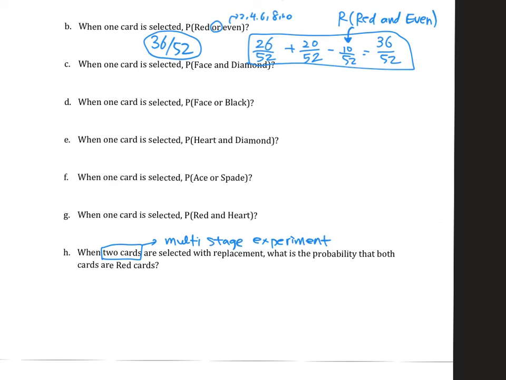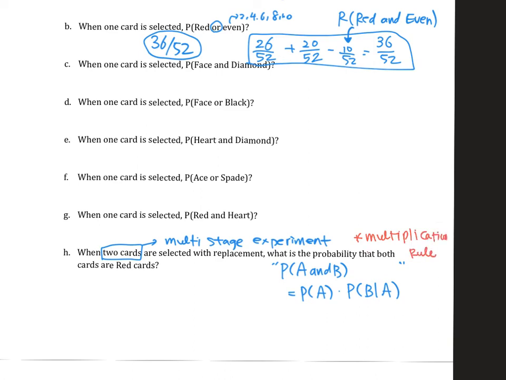So multi-stage experiment, that means I'm using the multiplication formula: probability of A and B equals probability of A times probability of B given A. So I'll just keep that in mind. The question is, what is the probability that both cards are red?